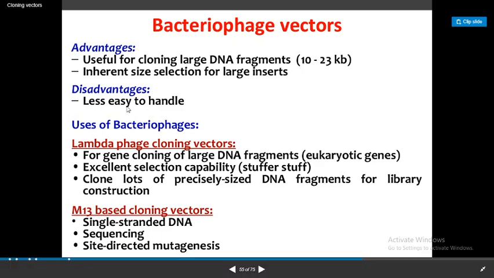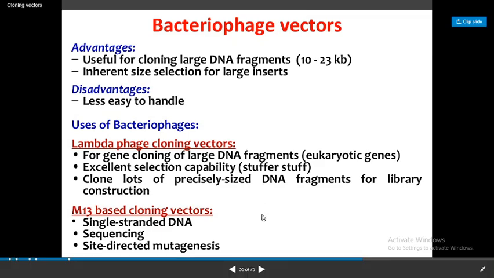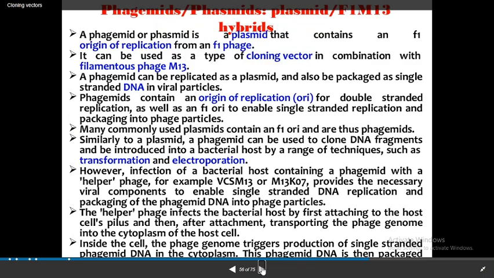It has excellent selection capability. You can see the resistant regions, ampicillin and tetracycline resistance, selectable markers over there. Then M13, the filamentous phage, contains single stranded DNA. It is also helpful for sequencing, and you can identify if any mutation happens in the DNA.